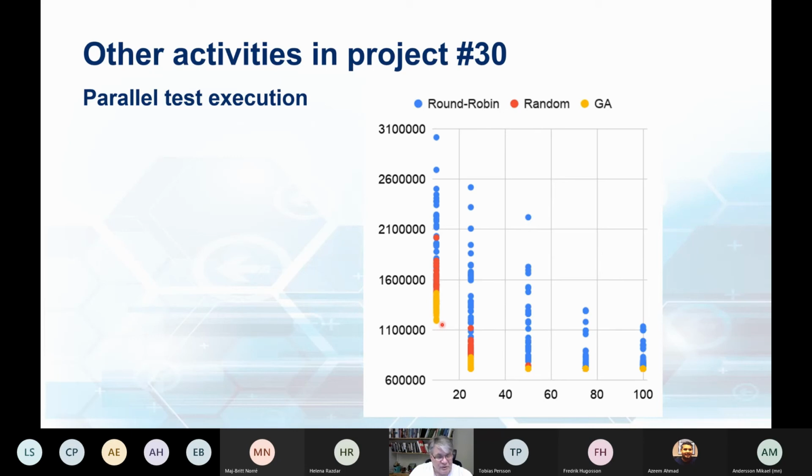And this shows the total amount of milliseconds it takes to test the things. And this is also planned for the coming sprint, so we will not talk so much about this today.